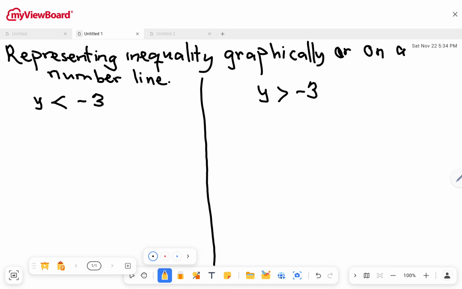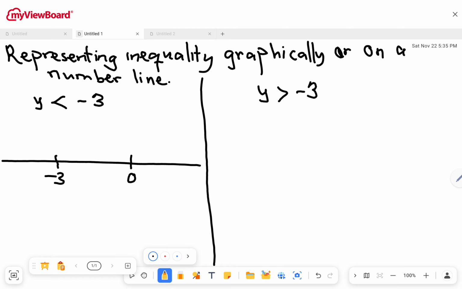Now, how do you represent your answer on a number line when your answer is a negative number? It's the same idea. You just have to draw the number line, bring your 0, and then you check to see whether it is a negative number or a positive number. Now, since this is a negative number, we bring it here, -3.